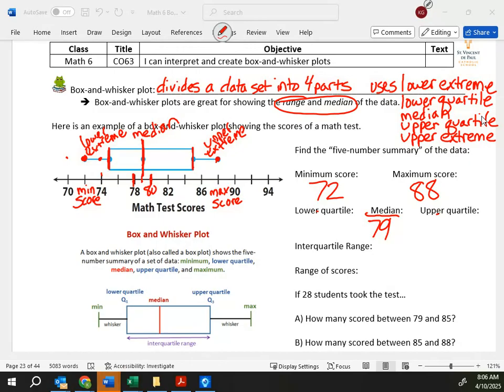So this one is our lower quartile. And that lower quartile would go to what number? Adeline? 75. So then this side of the box is the upper quartile. What number is our upper quartile, Aiden? 85.